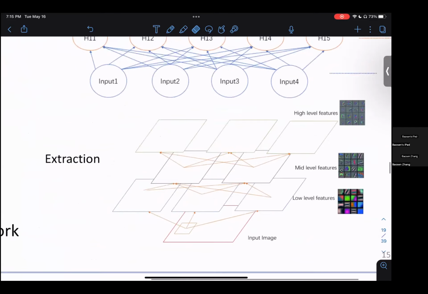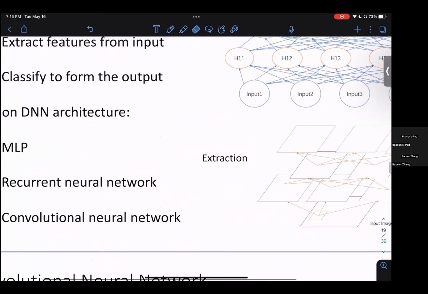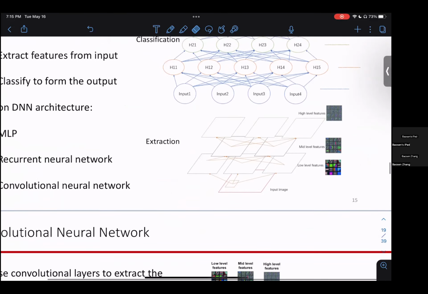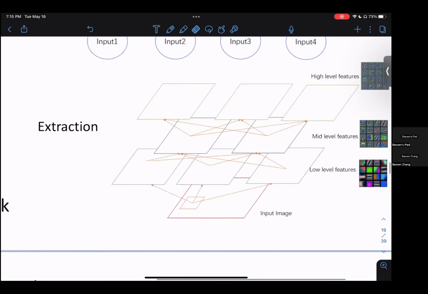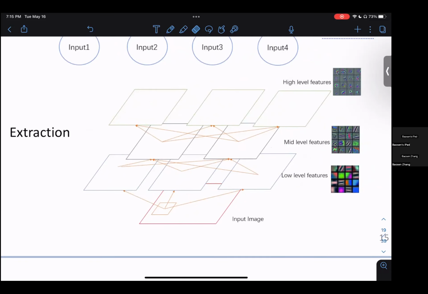So the intuition is the following. If you look at deep neural networks, let's say I input an image and go through many layers. This is post hoc, after you train the neural network. You look at intermediate layers and give some interpretation of what's going on.